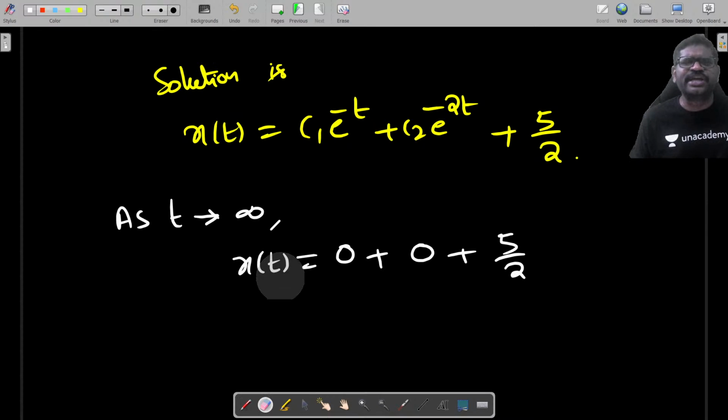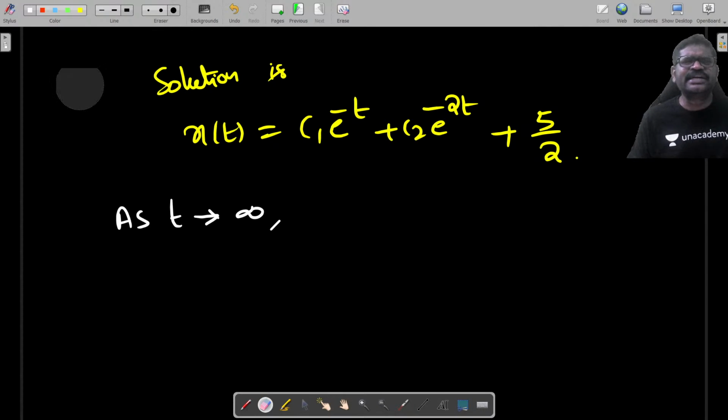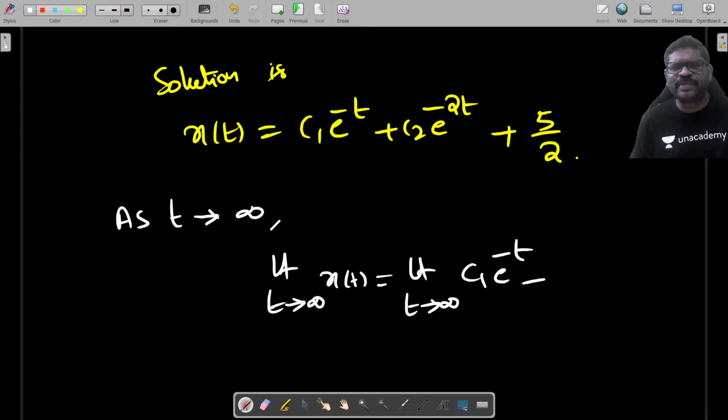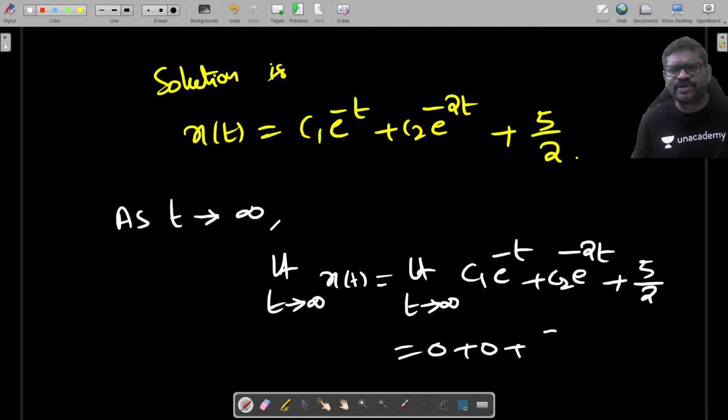Therefore, the conclusion is as t tends to infinity, that means limit t tends to infinity x of t equal to limit t tends to infinity c1 e power minus t plus c2 e power minus 2t plus 5 by 2, that is 5 by 2.